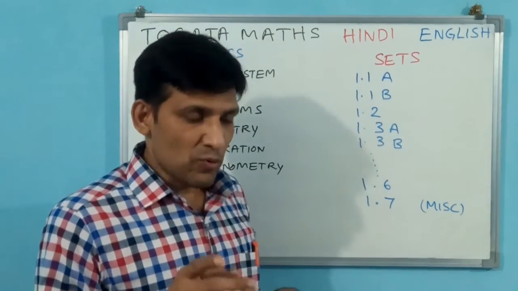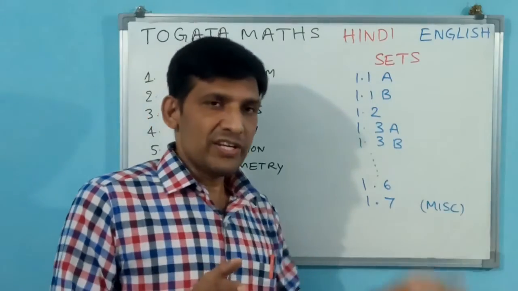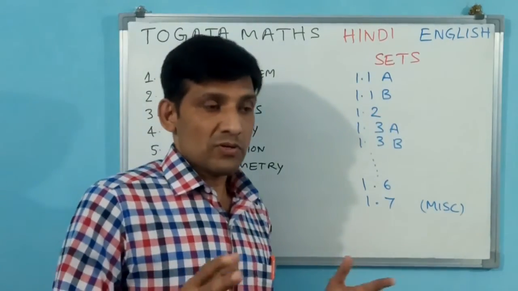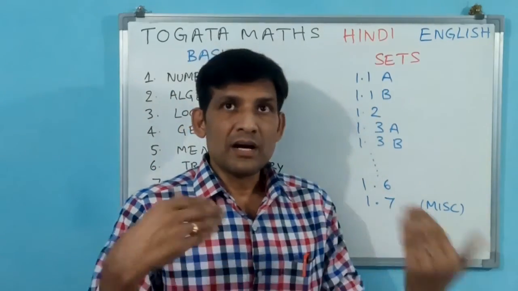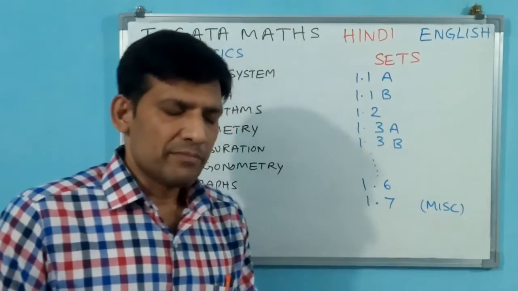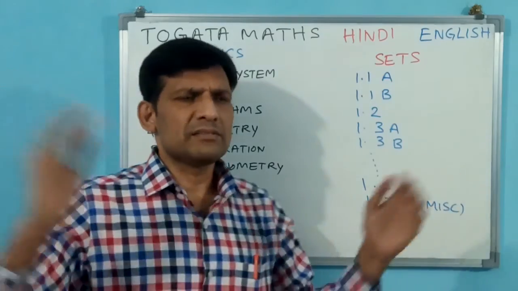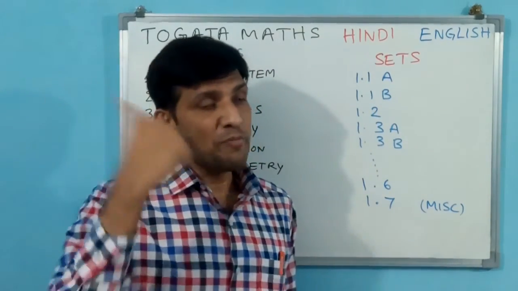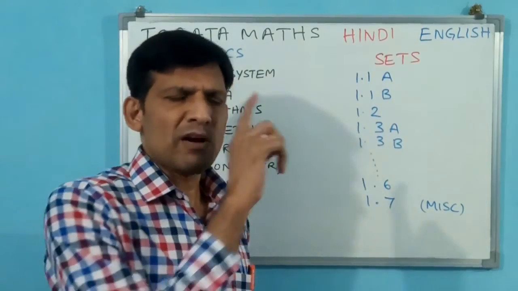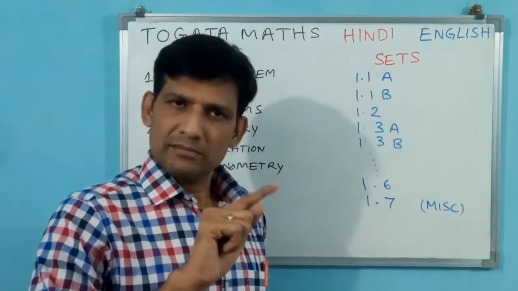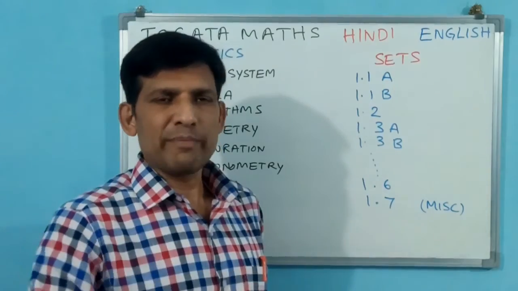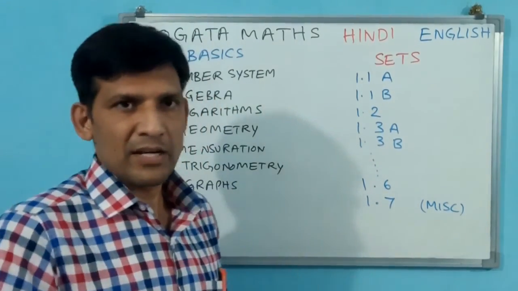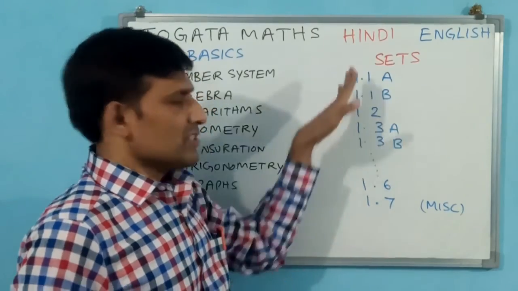If you want up to exercise 1.1, theory and examples, you have to watch 1.1a, 1.1b. In trigonometry or differentiation, integration, several problems are there in the exercise. There we may take 3-4 videos also, like 1.1a, 1.1b, 1.1c, 1.1d, like that 5 or 6 videos may come. I cannot say now.